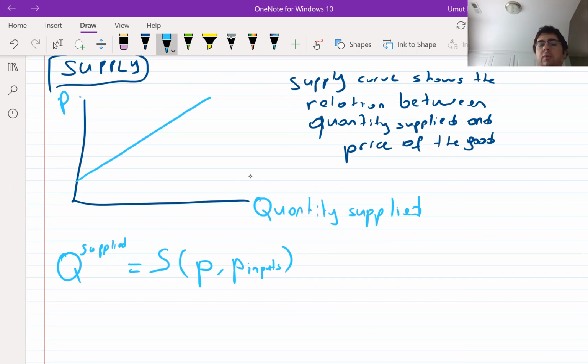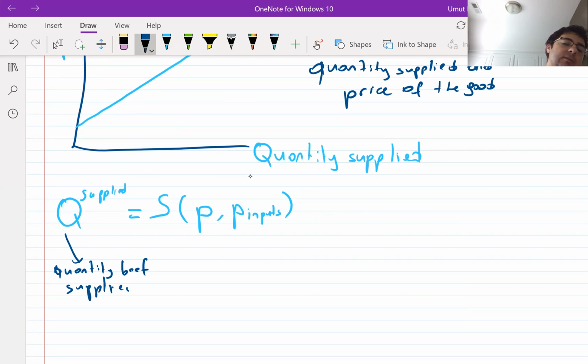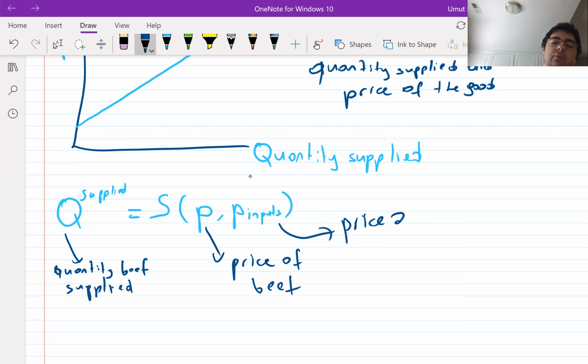For example, if we are talking about beef here, this is quantity of beef supplied, this is price of beef, and this is price of cattle. The price of the crops, also whatever you are producing beef for.